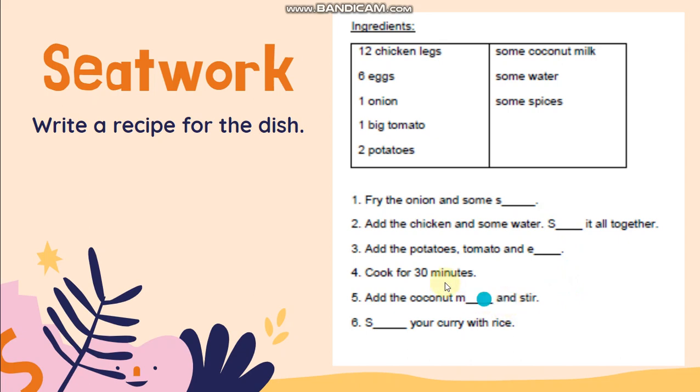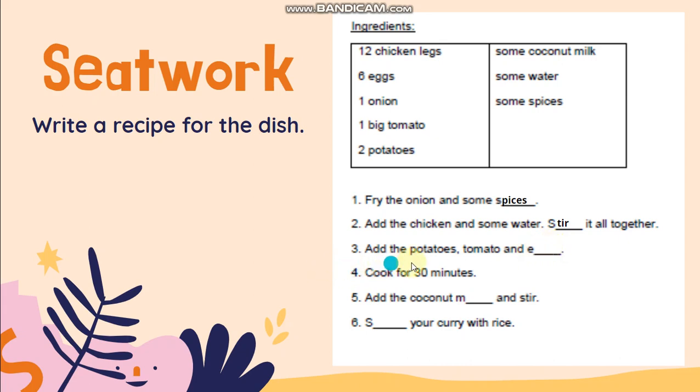Let's try together. Number 1, fry the onion and some, yes, spices. Number 2, add the chicken and some water. And then, what should we do? Yes, stir it all together.